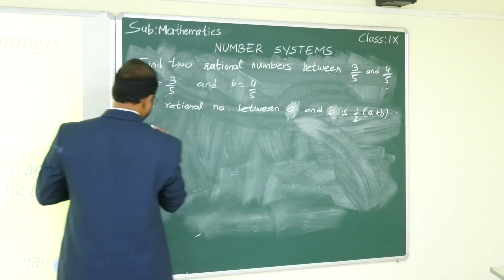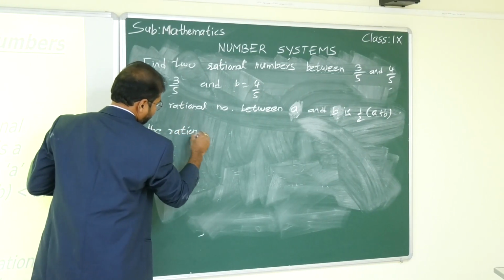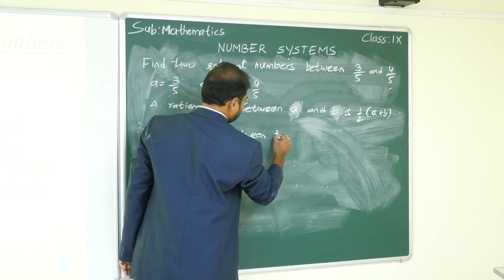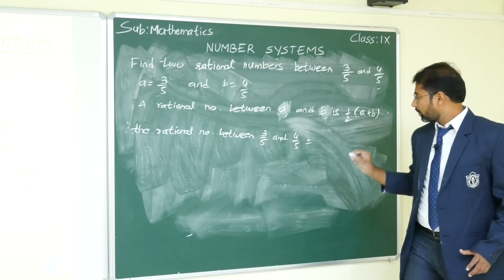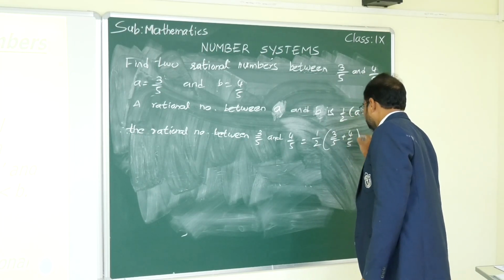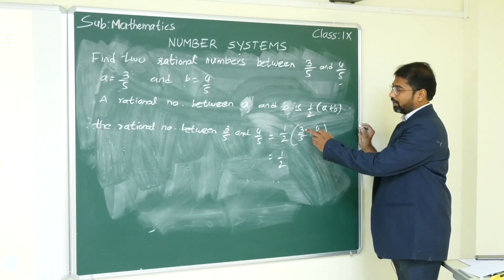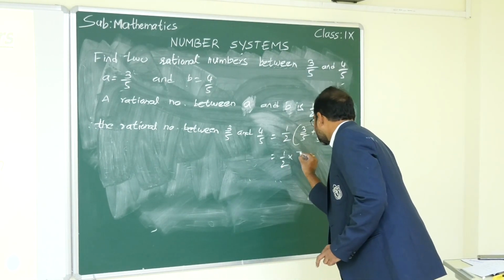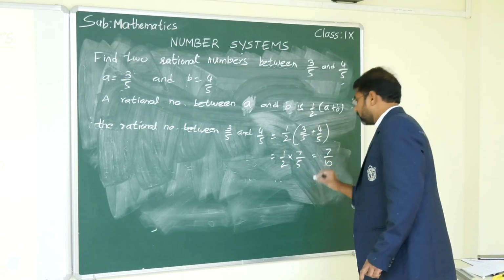So it is equal to half of 3 by 5 plus 4 by 5, which is equal to, as the denominators are the same, add the numerators, and the numerators are 3 and 4, therefore it gives the sum as 7 by 5, which is equal to 7 by 10.